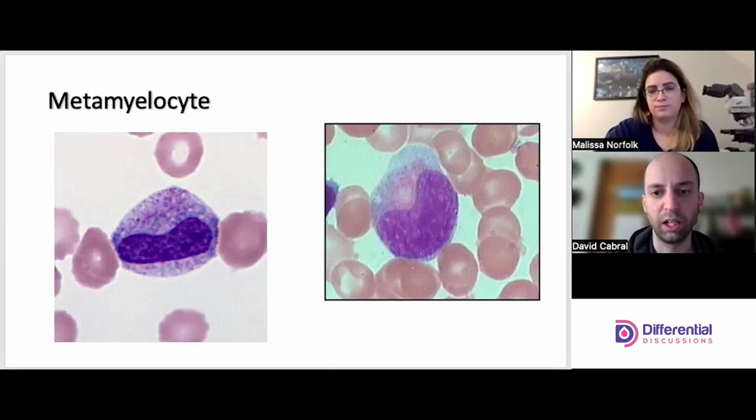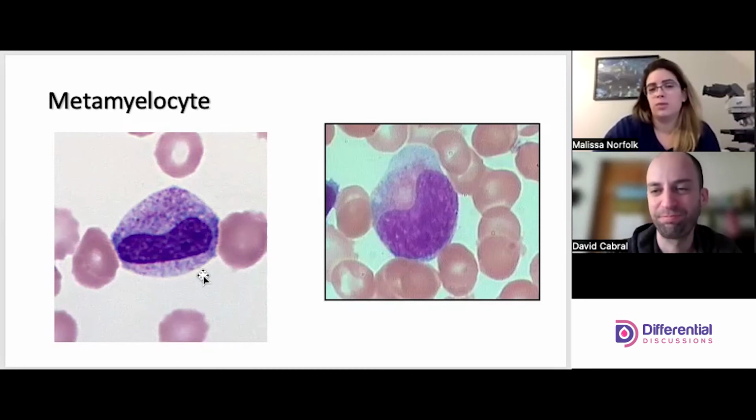And the nucleus is essentially just starting to clump off, get ready to be not used anymore. At this stage, you've developed those tertiary granules, which are like lysosomal granules.